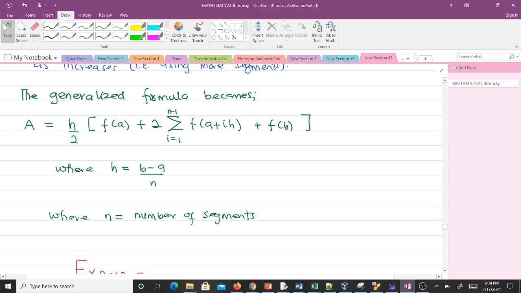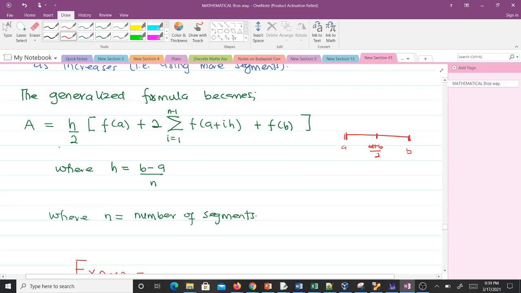Okay, so for instance, let's say we have this. So you see now we have AB, we have just one segment. If we decide to divide this into two equal parts, that means what we have here will be A plus B over what? 2.